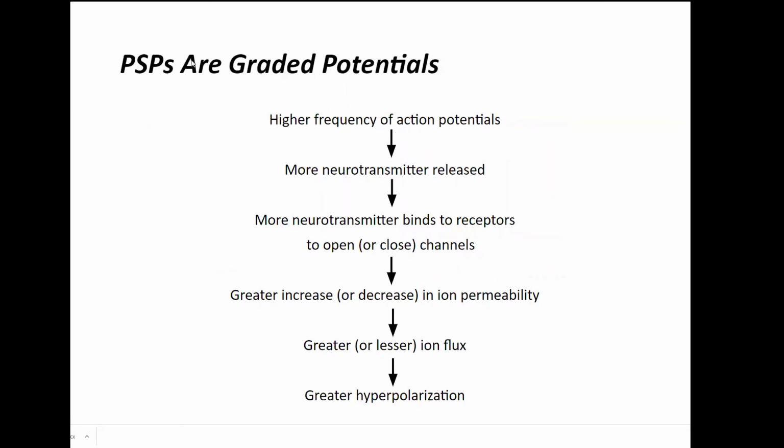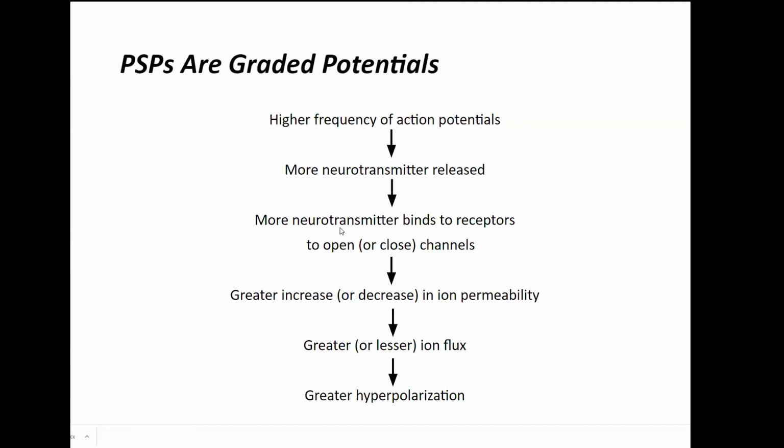So a thing that we could see happen is that if we have lots of action potentials coming down our first neuron, down our presynaptic neuron, that would release a lot of neurotransmitter, because every time that action potential gets to the axon terminal, it would let calcium into the cell, and neurotransmitter would be released. So if we have lots of action potentials coming in, we're releasing lots of neurotransmitter. It's going to have lots of effects on our postsynaptic neuron.